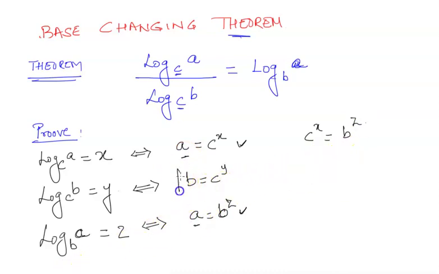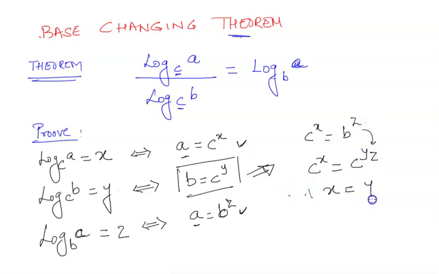Now let's take this equation and substitute for b. So we'll say c to the power of x, and b is c to the power of y, and then with z. So what does this mean? x is equal to yz, or x by y is equal to z.